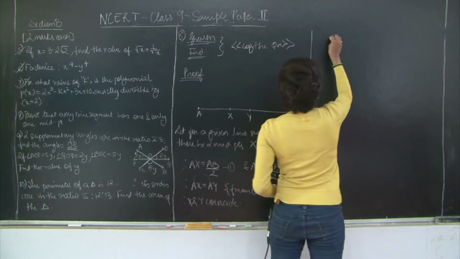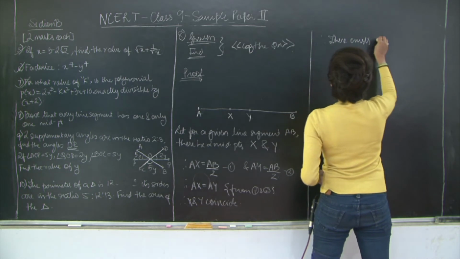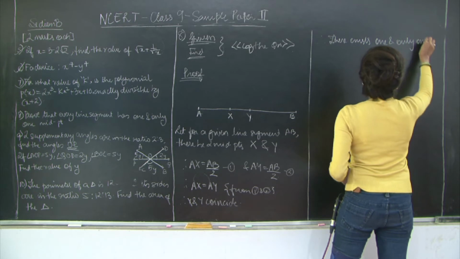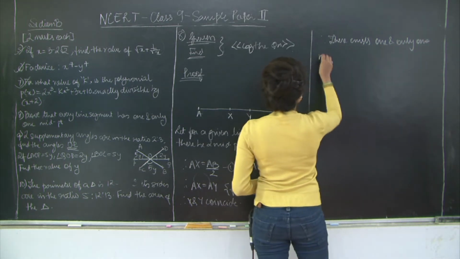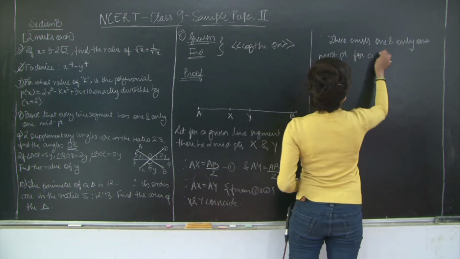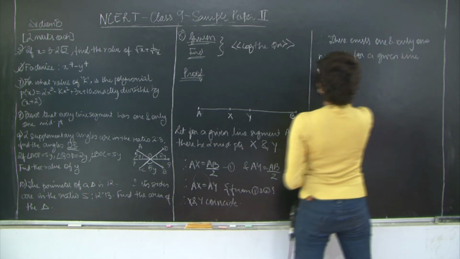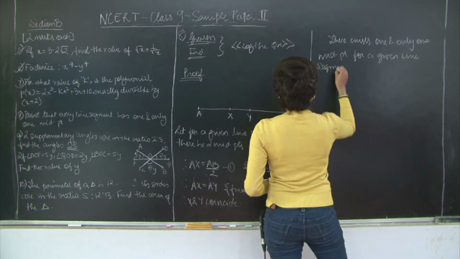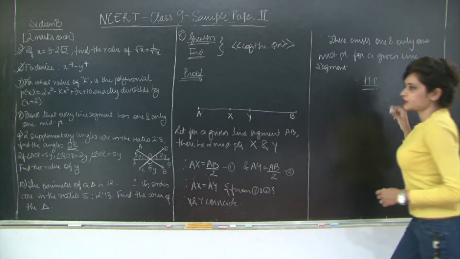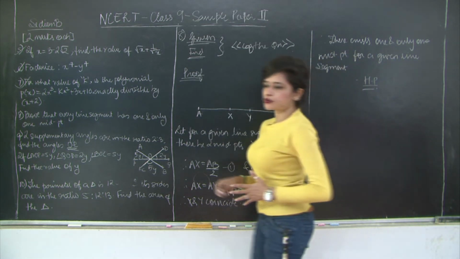Therefore, there exists one and only one midpoint for a given line segment, and hence proved. So here is the solution to question number 8, a very simple small proof for 2 marks.